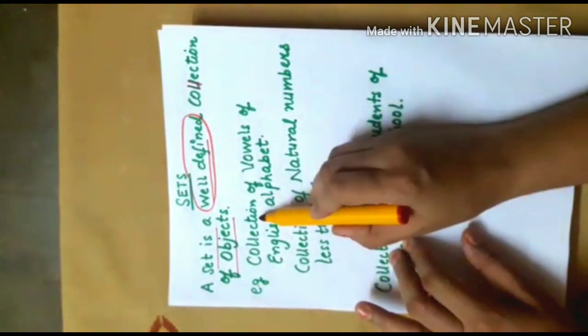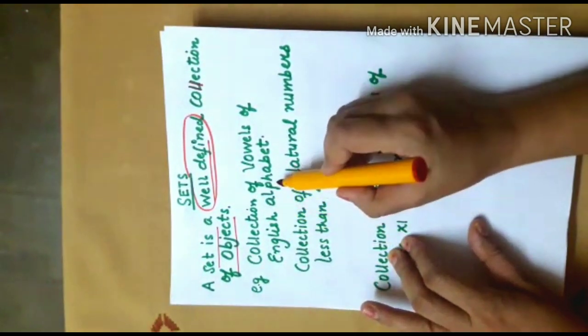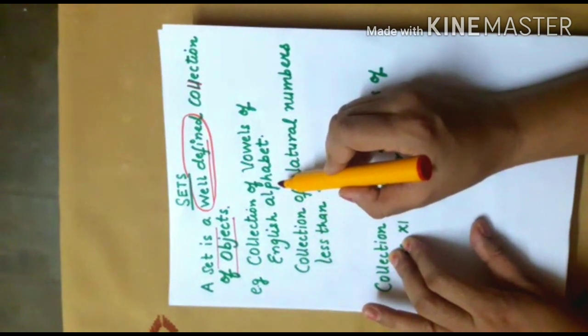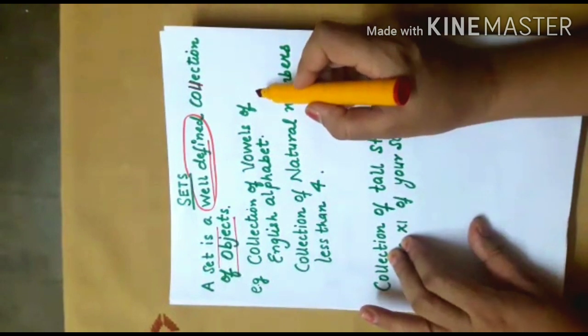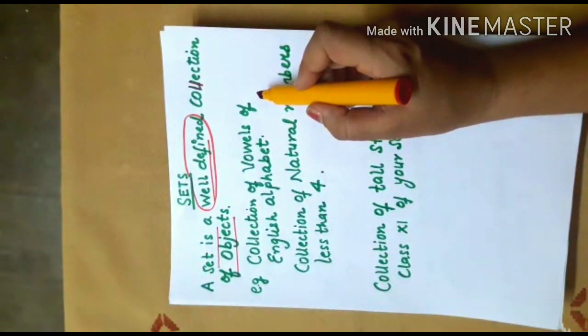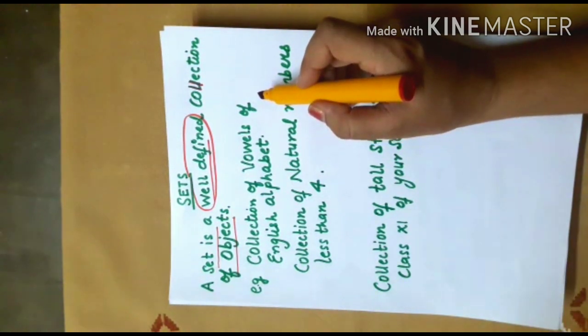Now here, collection of vowels of English alphabet. It is a well-defined collection because if I am given a letter, for example, E, now I can decide clearly whether this E will belong to the collection or not.